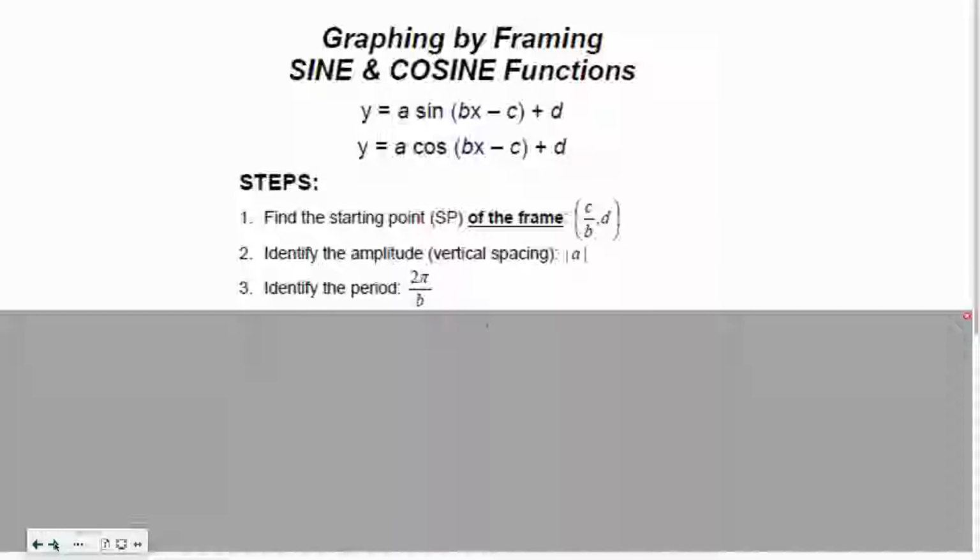Now, I am going to say one really important thing about number 1, and I'll say this a few times. Notice it's bolded and underlined. You may also want to highlight, star, or circle. The starting point is for the frame, not the graph. The frame is the window that we're looking through.